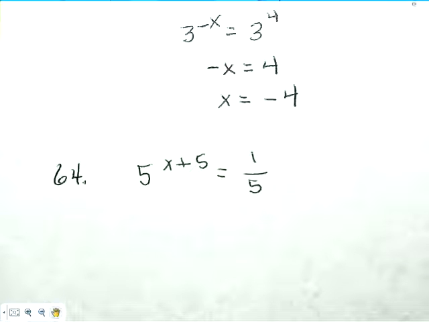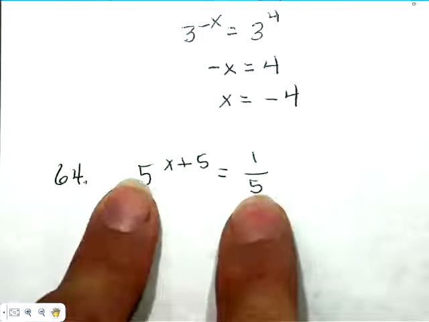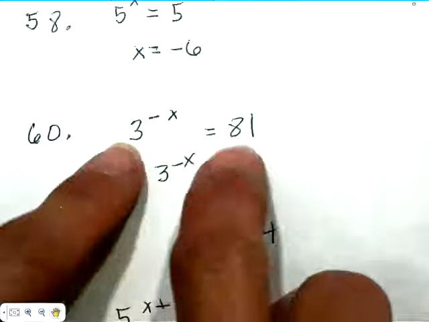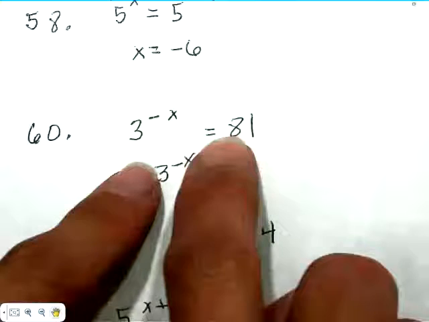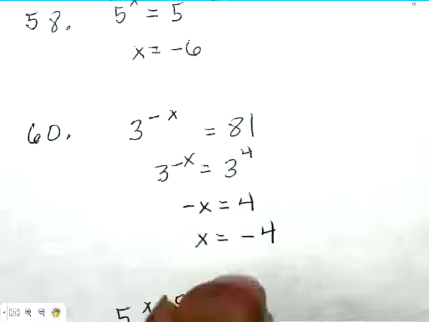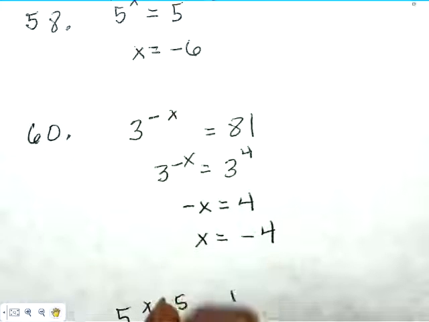The tool of just taking off the bases and setting the exponents equal to each other only comes in handy if you can write both sides as having the same base. On number 60, if 81 had not been a power of 3, then I would have to figure out a different way to solve this, and I will in 5.6. But right now, we can only solve equations that you can write both sides having the same base.